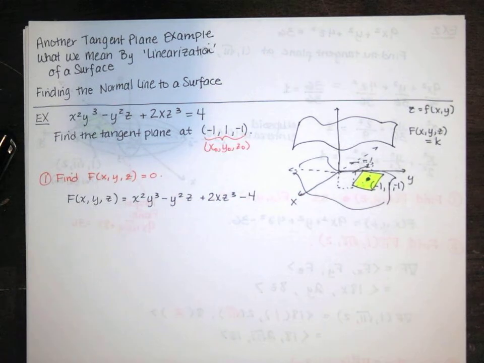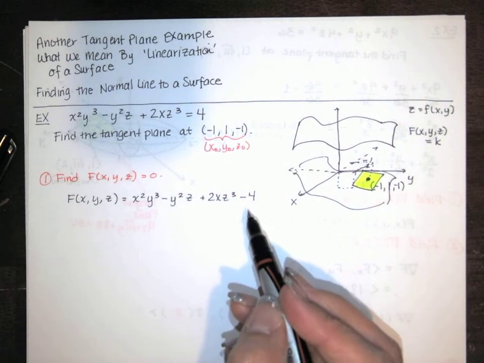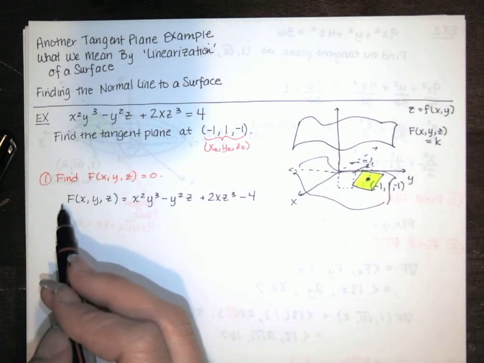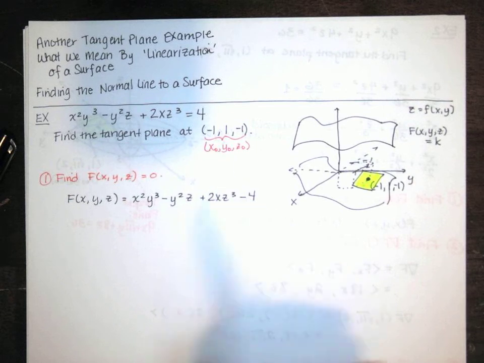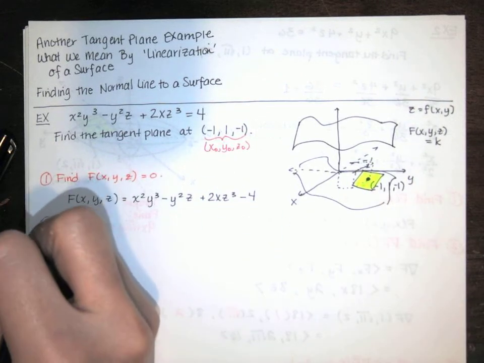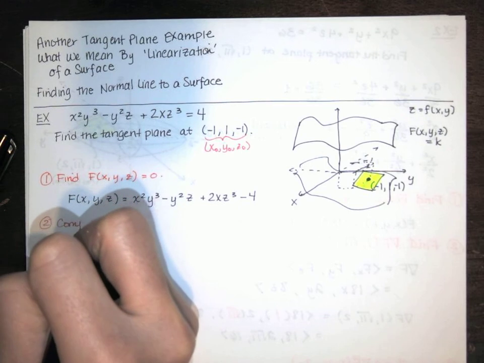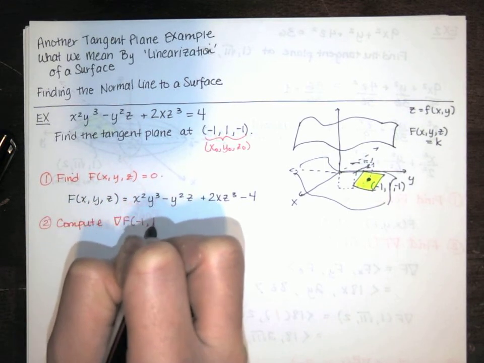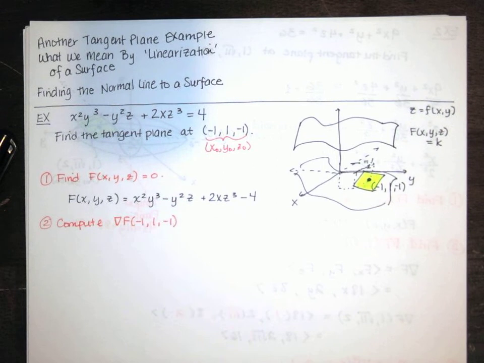And then we compute the gradient of this surface. The gradient of this function of several variables, and then we evaluate it at that point to get the normal vector to the surface. Or a normal vector.